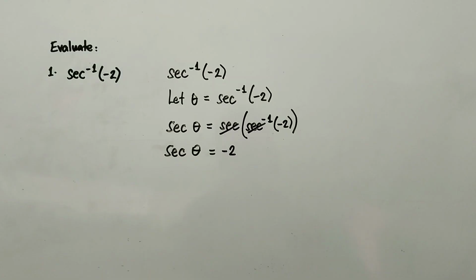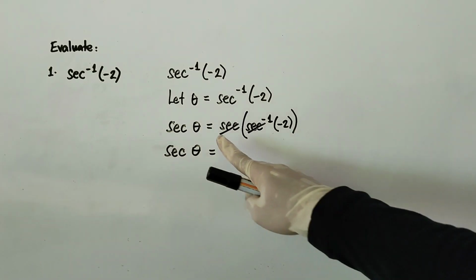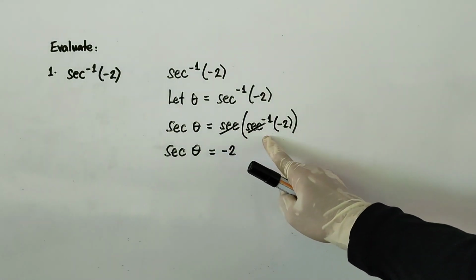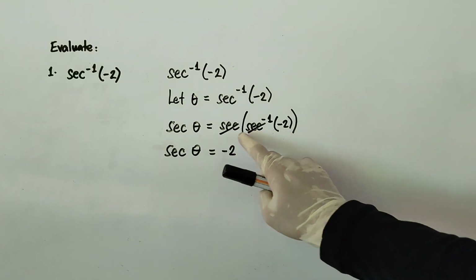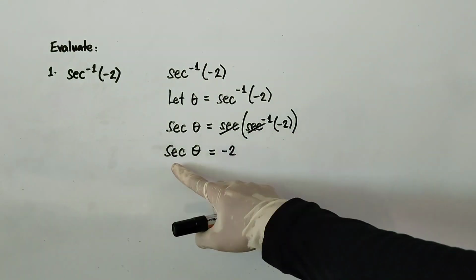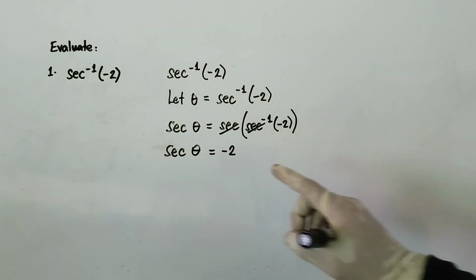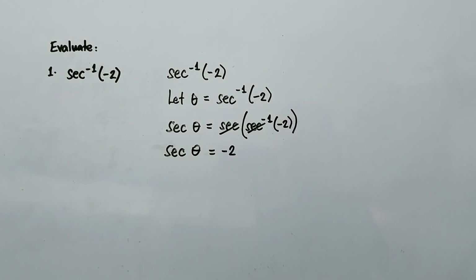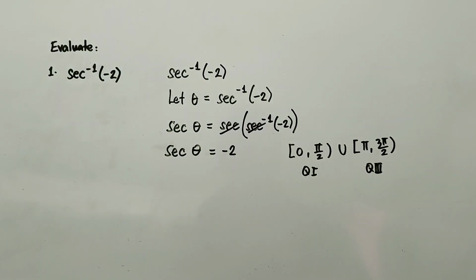We are now going to evaluate the value of arcsec of -2. We will let theta equal arcsec of -2. So secant of theta is equal to secant of the arcsec of -2. Cancel. So we have now secant theta equals -2. We will first identify the quadrant of our theta.